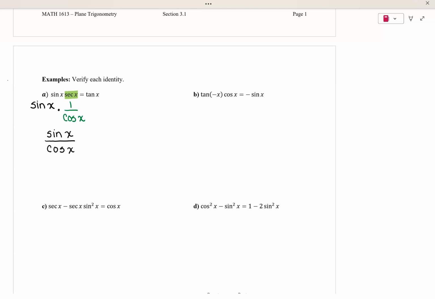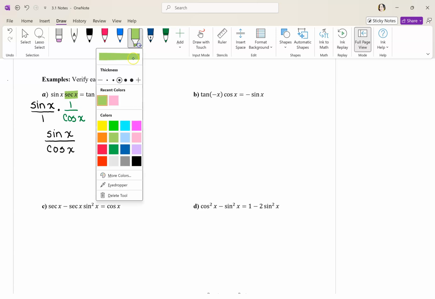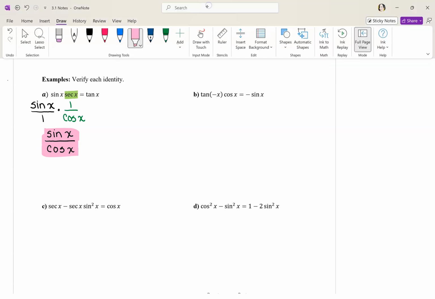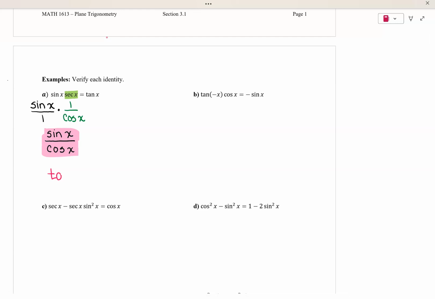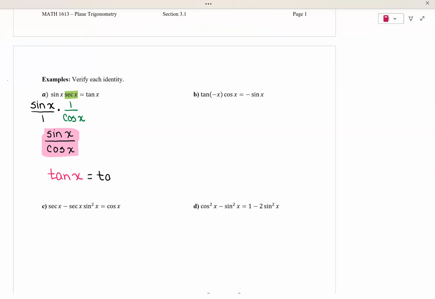And then this is understood to be over 1, so 1 times cosine of x is cosine of x. Notice what this is. Okay, so if I change this to pink, sine of x over cosine of x is known as tan of x. So we were able to make our left-hand side equal our right-hand side.